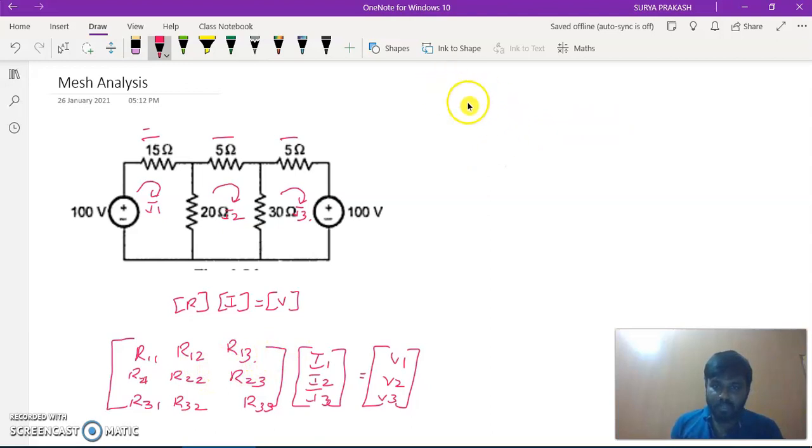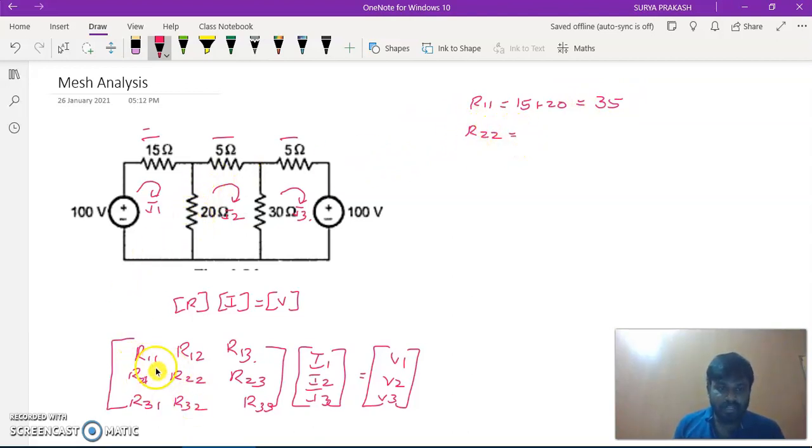R11 is nothing but the total resistance available inside the first loop. This is our first resistance, 15 ohm, and this is the second resistance, 20 ohm. When you add 15 plus 20, you get 35. Next is R22.